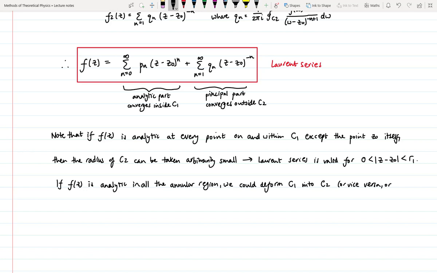Or we could deform them to meet somewhere in the middle. And that would not alter any of the analysis. This would not alter the coefficients pn and qn.